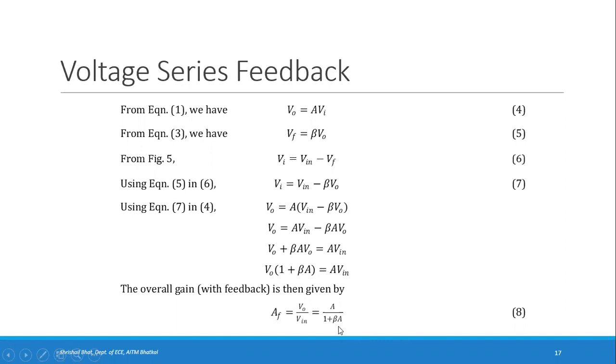If it is very much greater than 1, then 1 plus beta A is approximately equal to beta A, because adding 1 to it will not make much difference. A divided by beta A, and A gets cancelled, it will become 1 by beta.